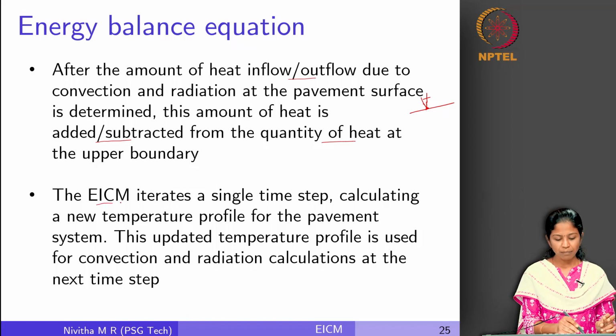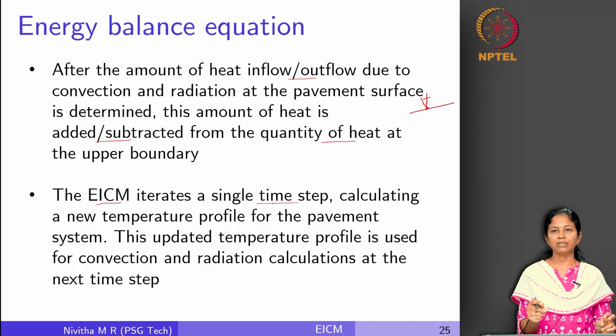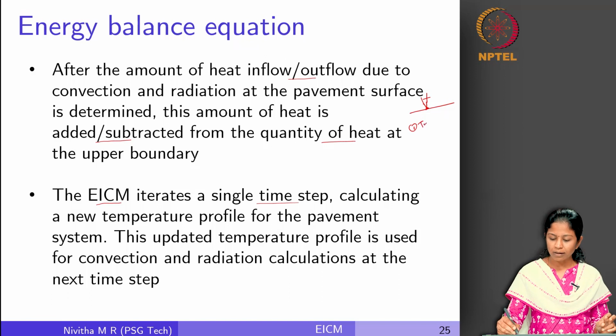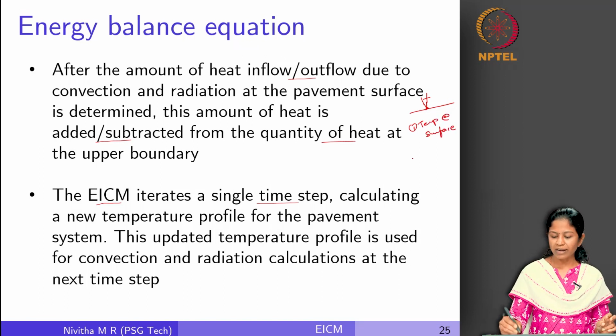So, this EICM iterates a single time step. At a given time step, it calculates the energy present: one is the temperature at the surface that is already present, second one is the net heat input.